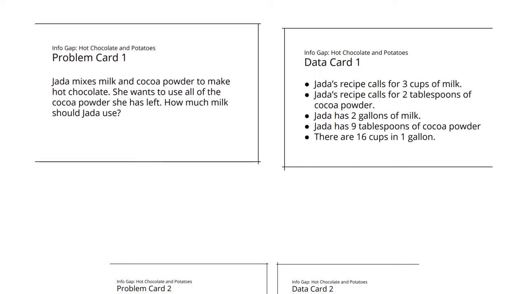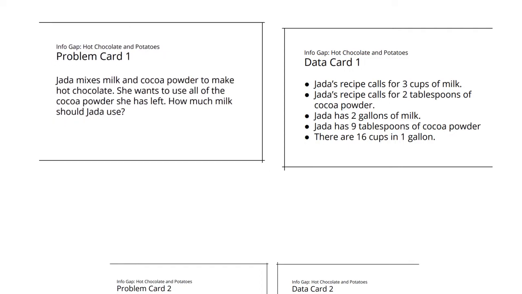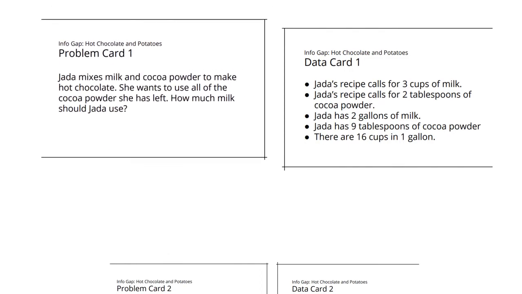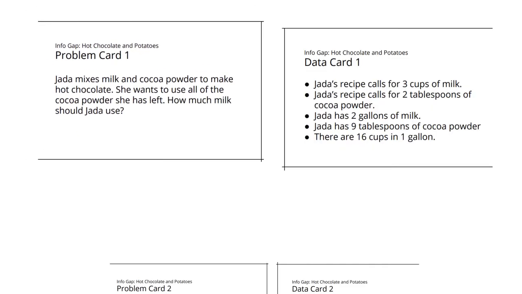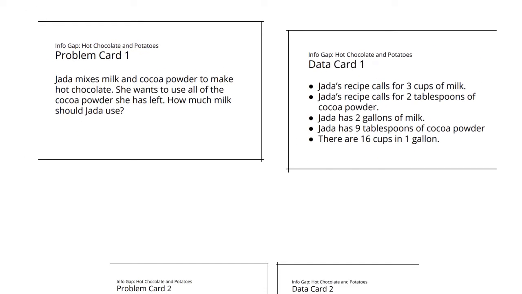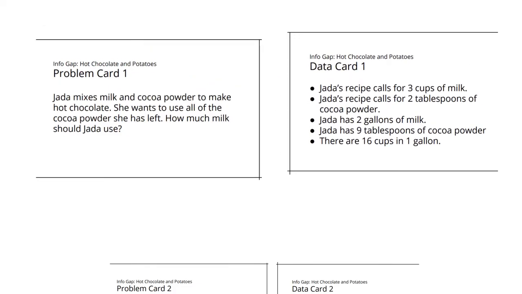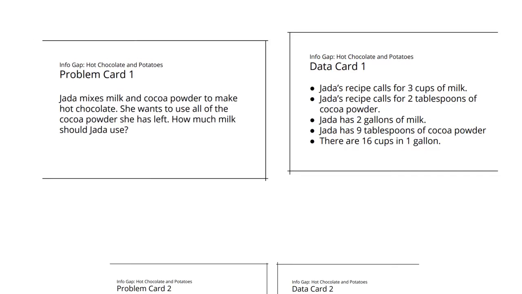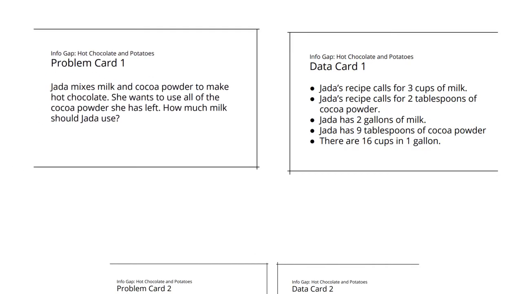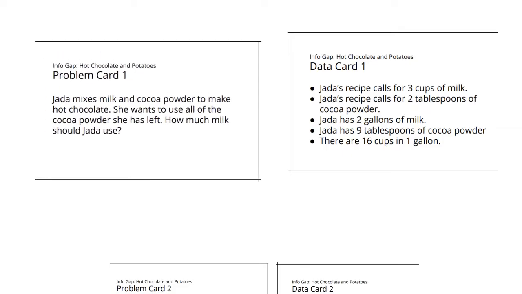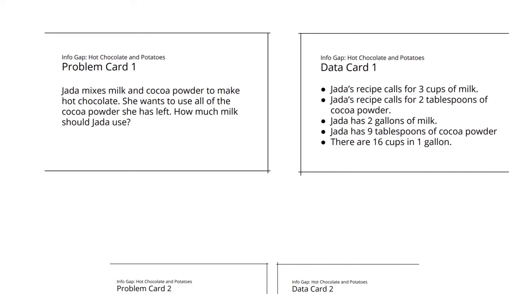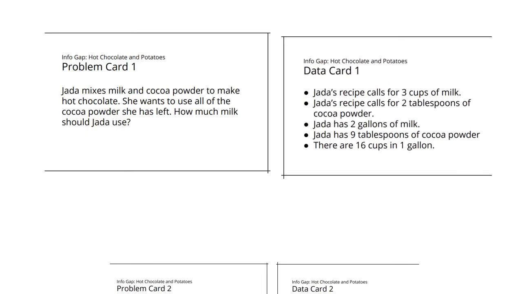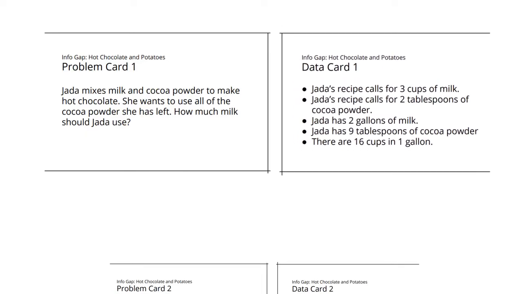And the problem kid might say, I need to know how much cocoa is in the recipe. And the data kid would say, well, why do you need to know that? And the problem kid would say, because I need to know how much milk and how much cocoa is in the recipe. And the data kid would say, well, I can tell you that Jada needs 2 tablespoons of cocoa powder.